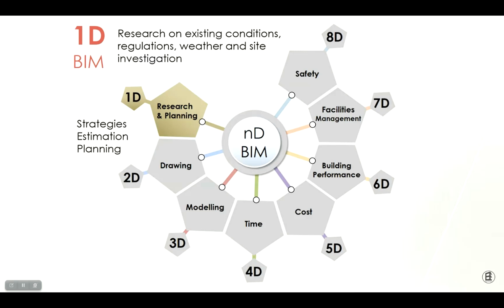So estimations can be done in Revit. Building estimating and costing we can perform there also, and even manually also. First thing is going to be manually. A client needs to know what the actual cost is going to be when I complete my project, approximately. Planning I already told you. So this is your 1D where we are going to do research and planning.